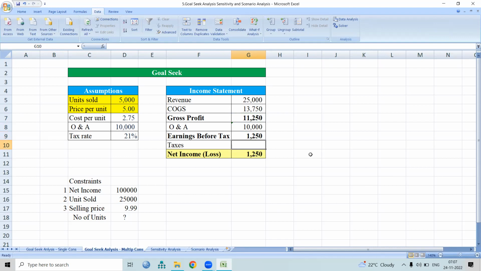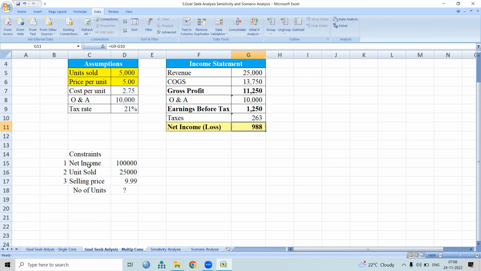Let's find out the taxes now. Taxes is equal to taxable profit multiplied by tax rate, 1,250 into 21%.